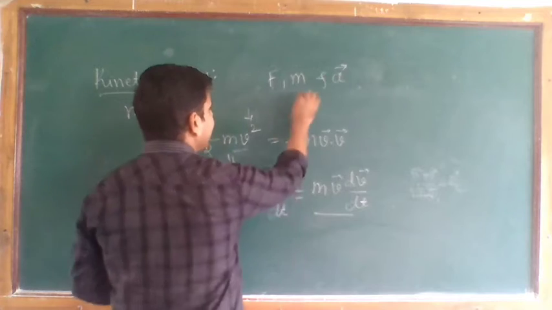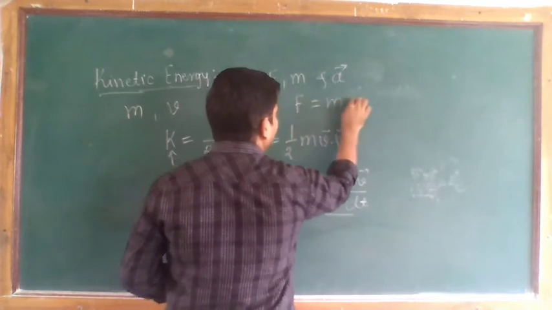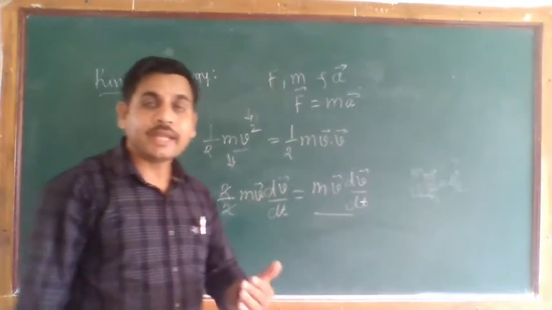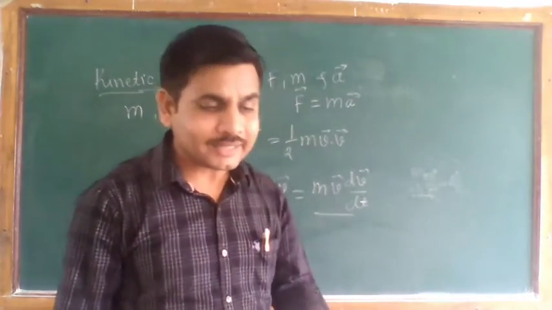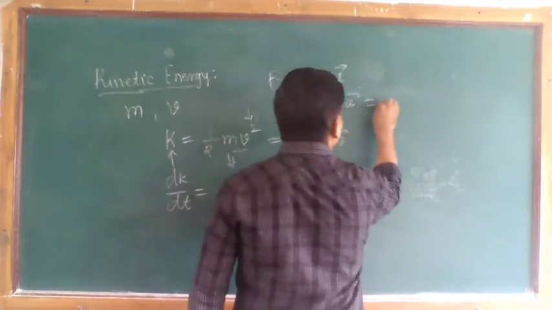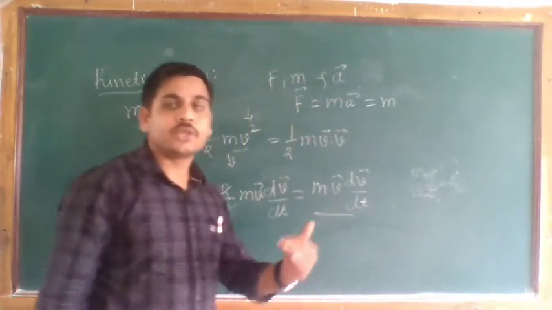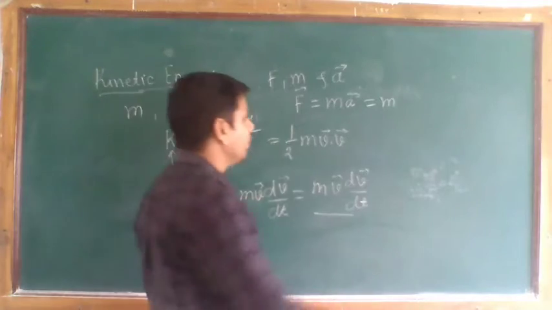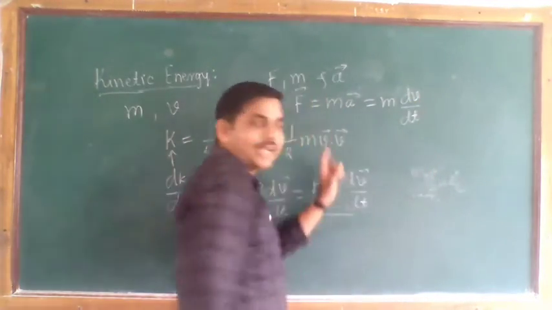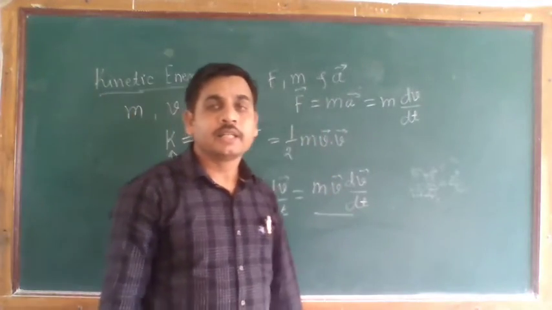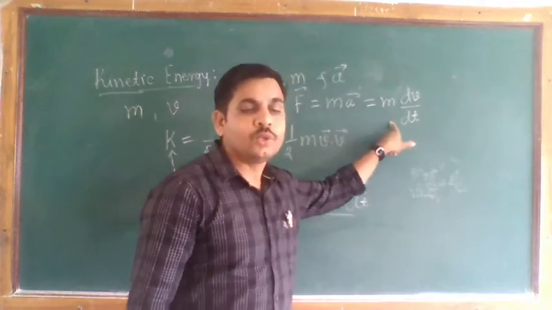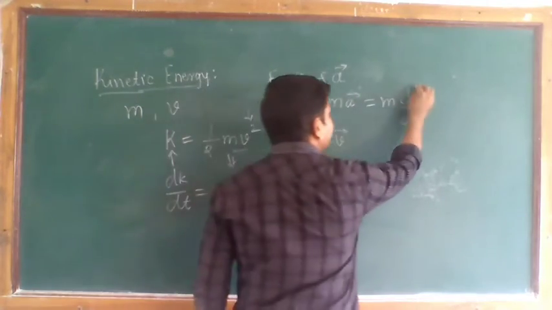You can write F is equal to ma, where a is the acceleration, which is nothing but the rate of change of velocity, dv by dt. So we can write F is equal to m dv by dt.